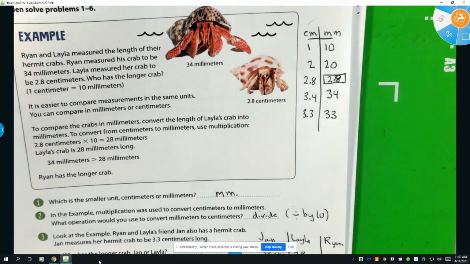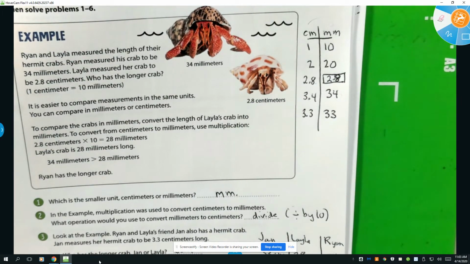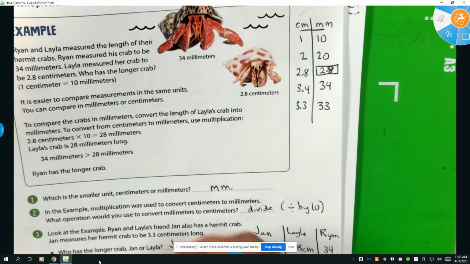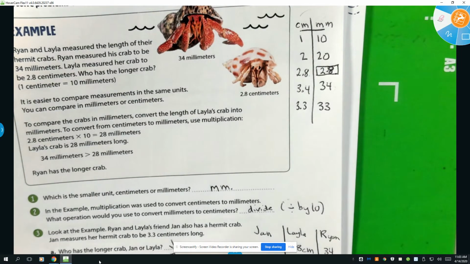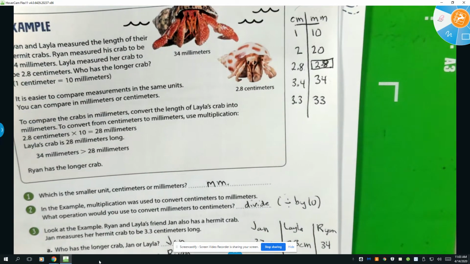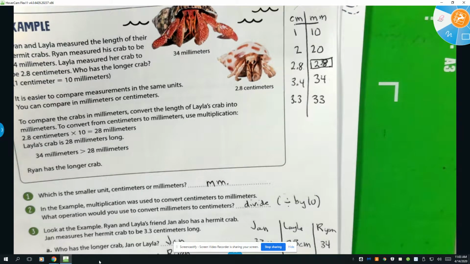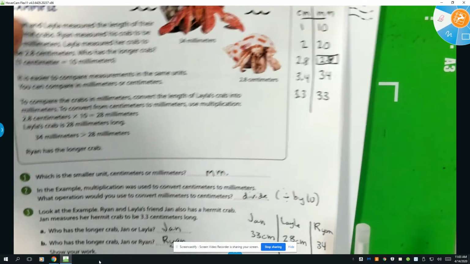Who has the longer crab, Jan or Layla? Definitely Jan. Who has the longer crab, Jan or Ryan? Definitely Ryan. And you don't really need to show your work with anything other than to say 34 is greater than 33. And it's by 1 millimeter.